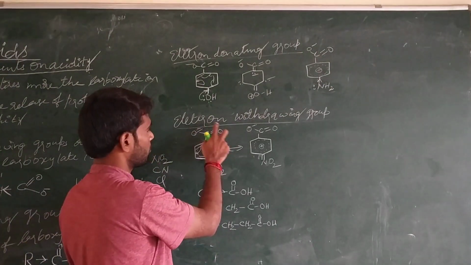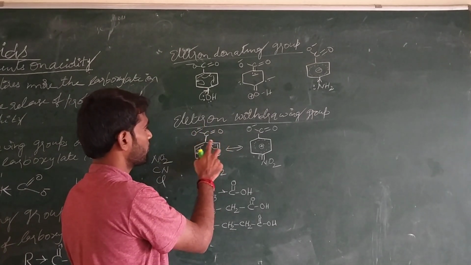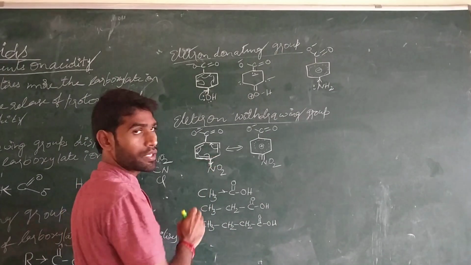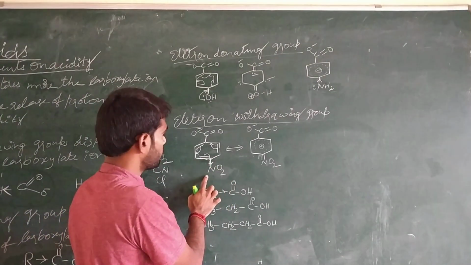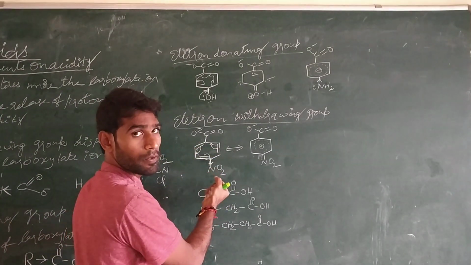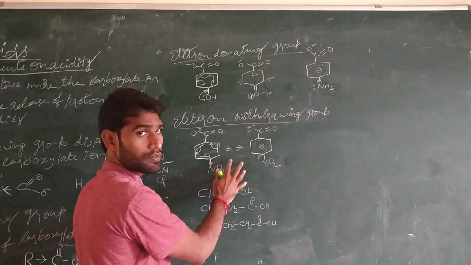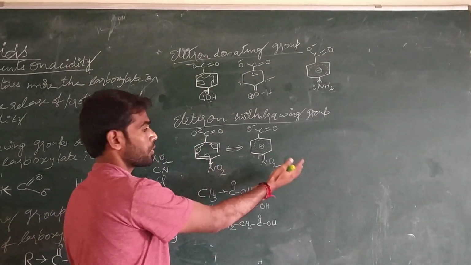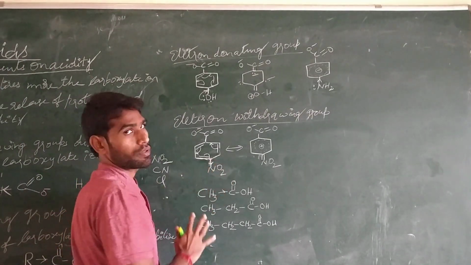That is, the carboxylate ion is less facing the electronegativity. These electron withdrawing groups are decreasing the density of the carboxylate ion, and now they are facilitating the release of proton, and they are increasing the strength of carboxylic acid.